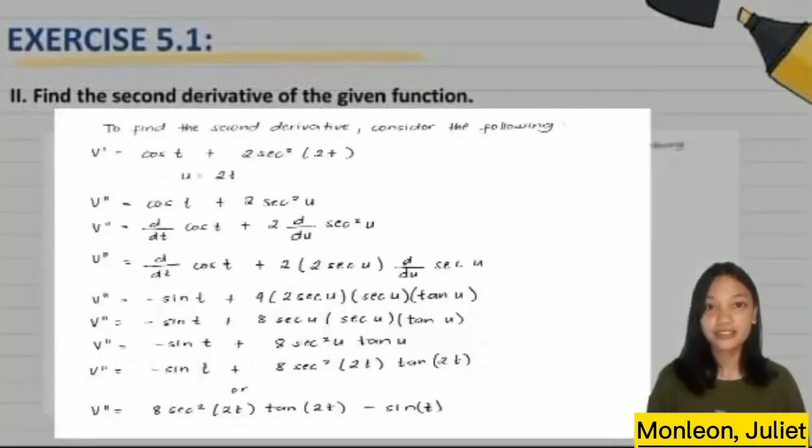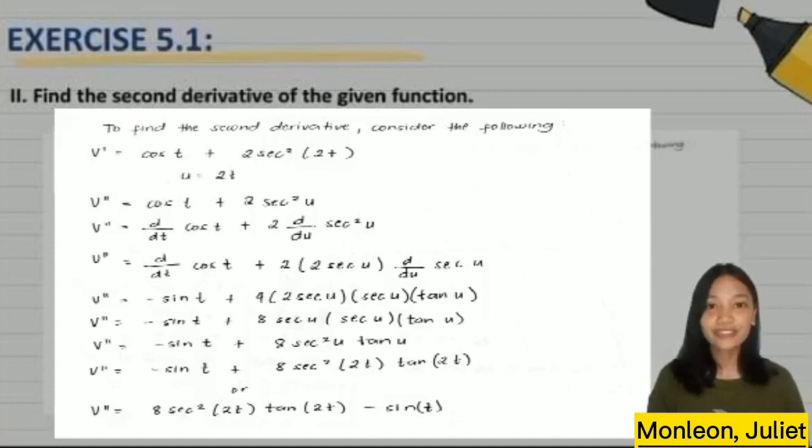To find the second derivative, consider the following. The first derivative of v is equal to cosine t plus 2 secant squared 2t. We will use again the chain rule which I have already mentioned earlier. So the second derivative of v with respect to t is equal to the derivative of cosine t with respect to t plus 2 multiplied by the derivative of secant squared u with respect to u.